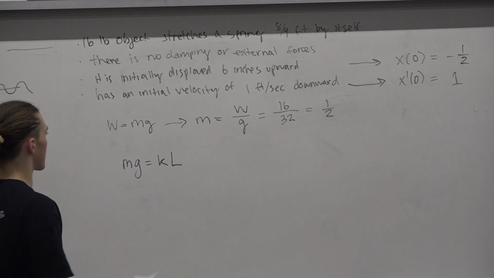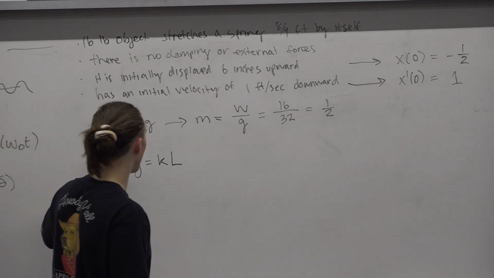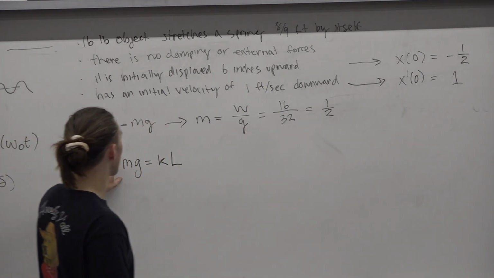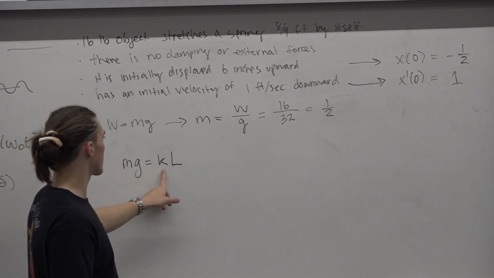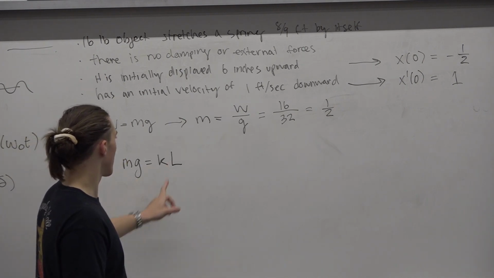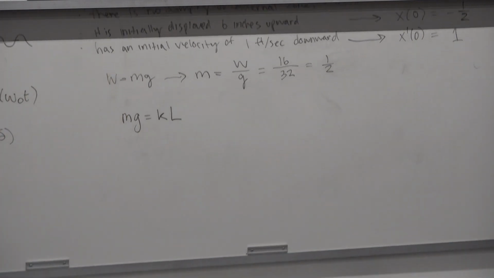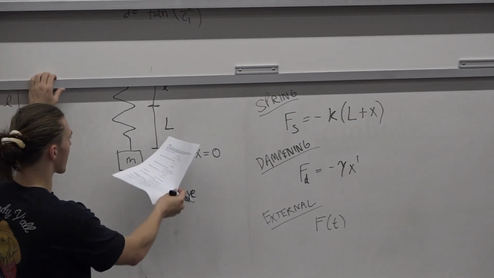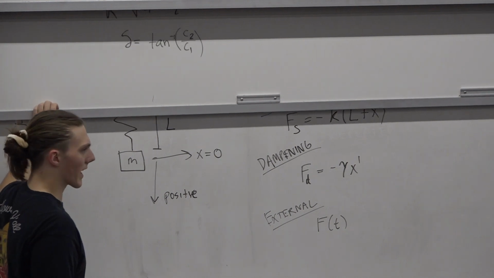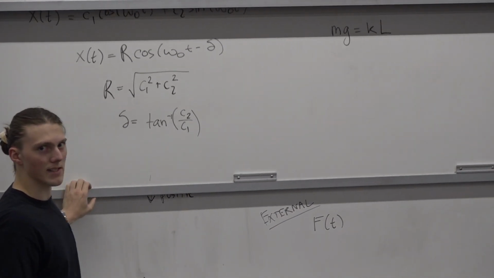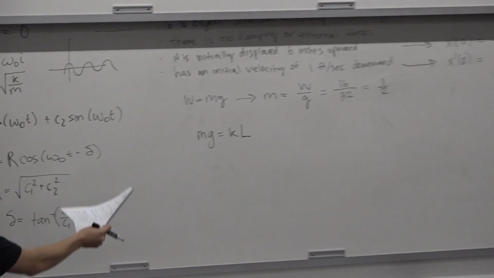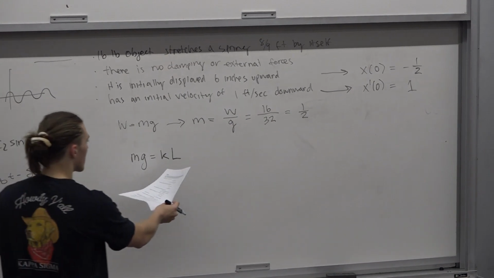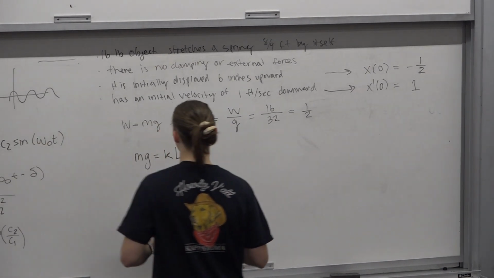But this is essentially saying the force of mass and gravity is equal to the length that the mass pushes down the spring, this length right here. So you don't really need to know exactly why, but you need to know this equation because we're going to use it to solve for k.